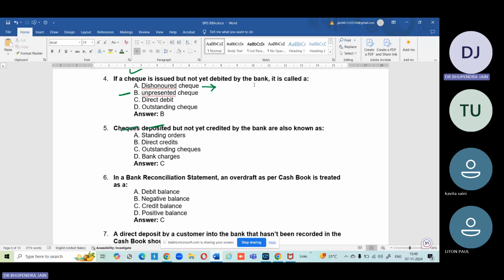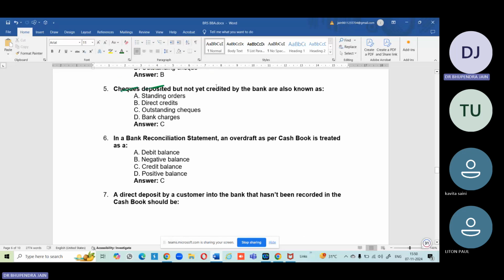If the check has been bounced, the purpose behind the dishonor, the purpose behind the bounce, we have already discussed. If your balance is low, if unsigned check or wrong signature, date is not clear, or any cutting on the check, in that case, check will be dishonored.